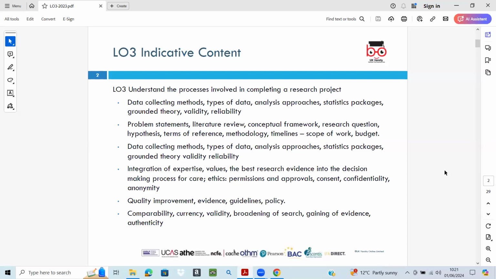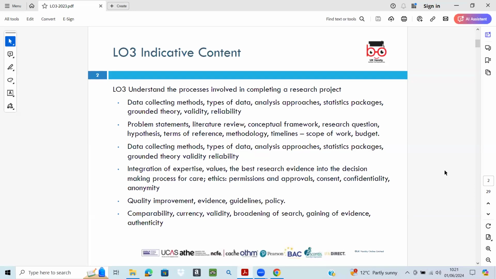Then we have policy. Policy influences health policies based on research findings. An example is advocating for policy changes to support the broader implementation of telehealth services based on your evidence.